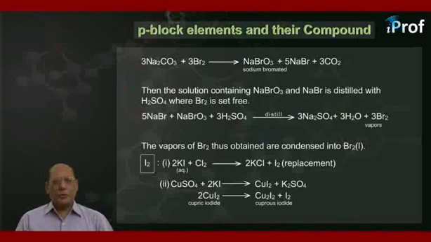Second, CuSO4 plus 2 KI, we get CuI2 plus K2SO4. But CuI2, the cupric iodide, is not much stable. It dissociates into Cu2I2, that is cuprous iodide, and iodine.